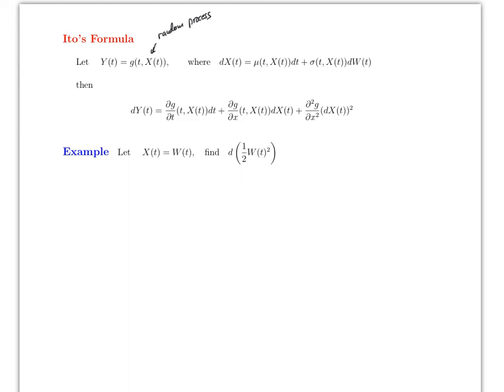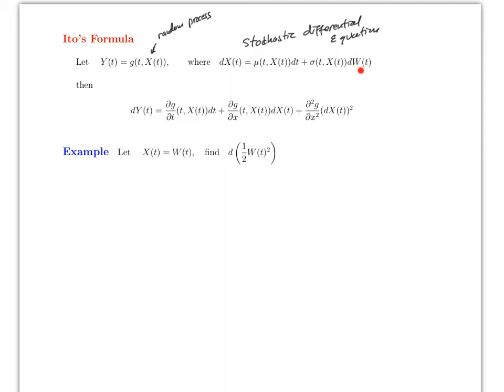This is actually called a stochastic differential equation, and this is specific to whatever process you have.